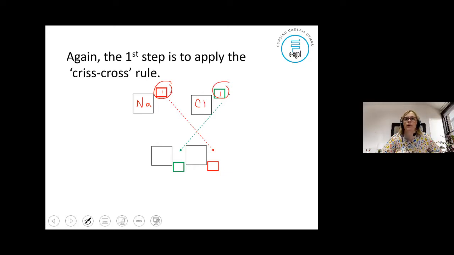Okay, you simply push them together, taking away the charges. So whereas it would be Na plus and Cl minus, the way of dealing with that would be to simply get rid of the charges, okay, and then push them together to give you NaCl.